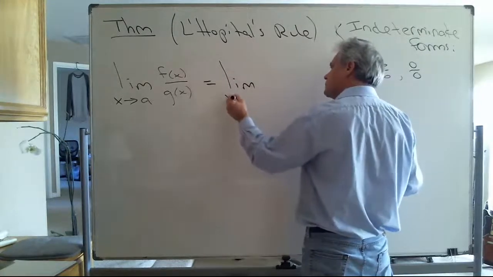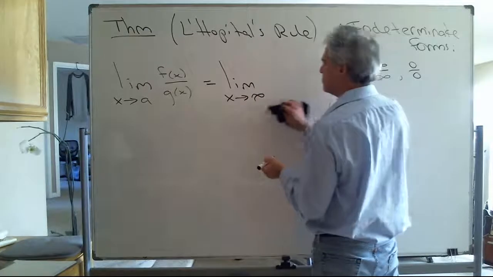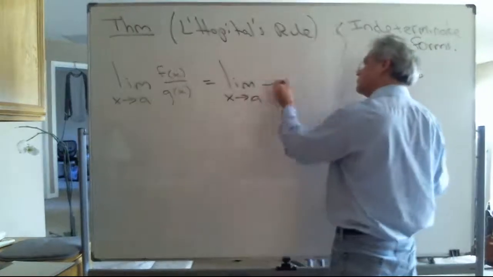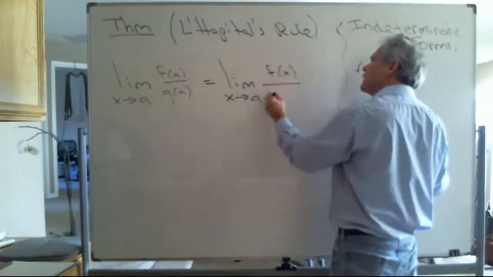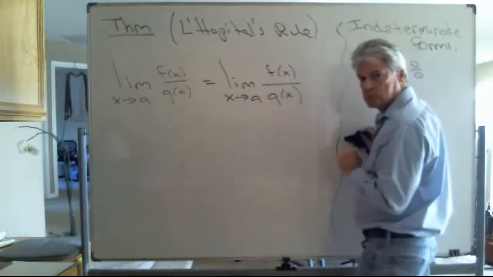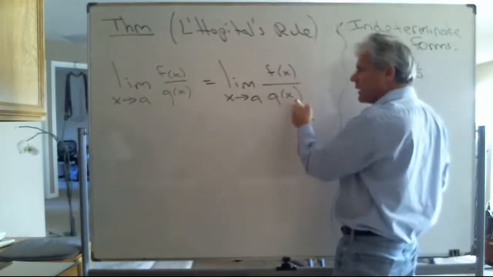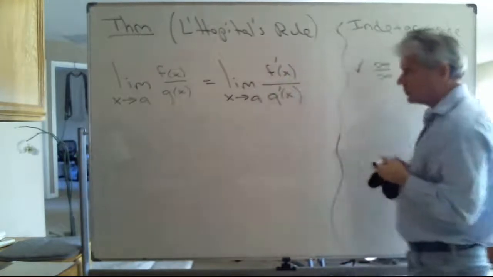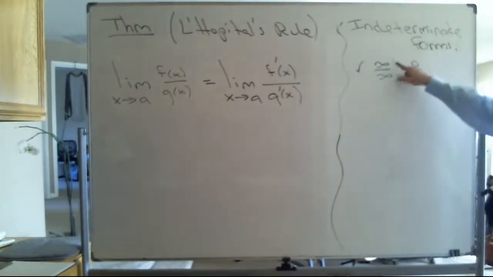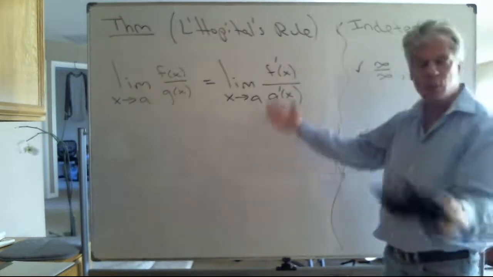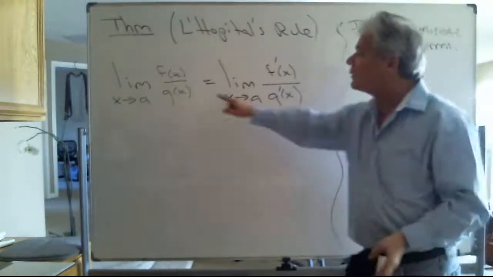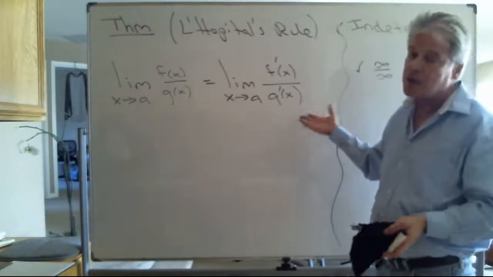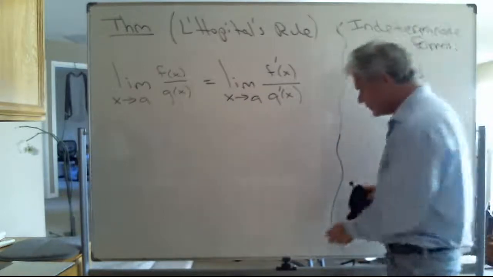Divide that limit, or I might want to divide this limit instead. Instead of looking at outputs, I'll look at how the rates of change change. And as long as I'm in one of these two indeterminate forms and I have continuity and well-behaved functions, then I can certainly replace this limit with this one, and oftentimes it helps in evaluating the limits.